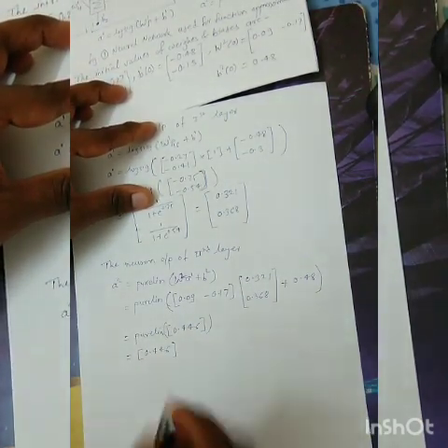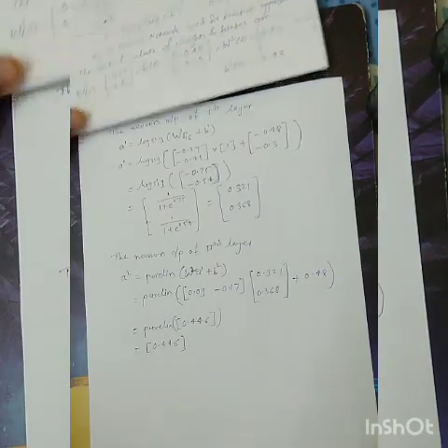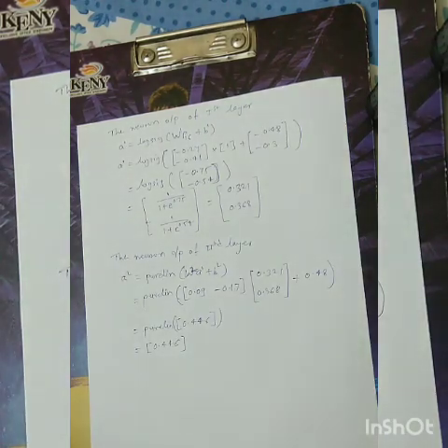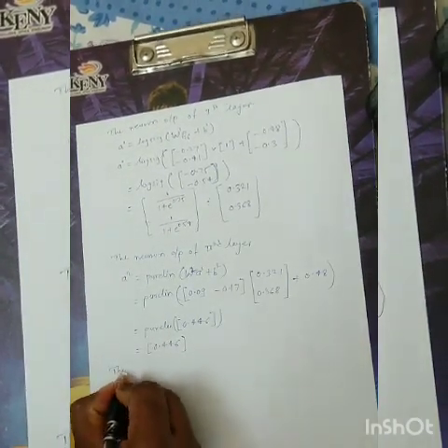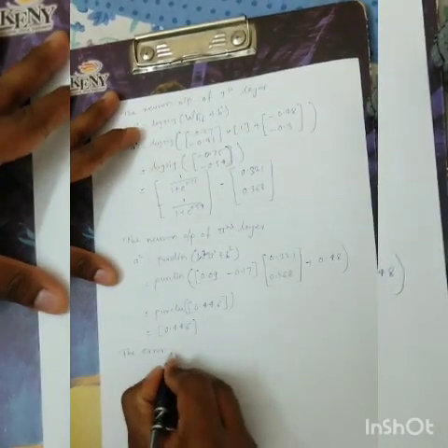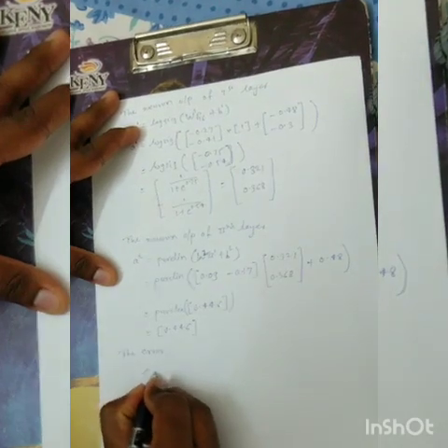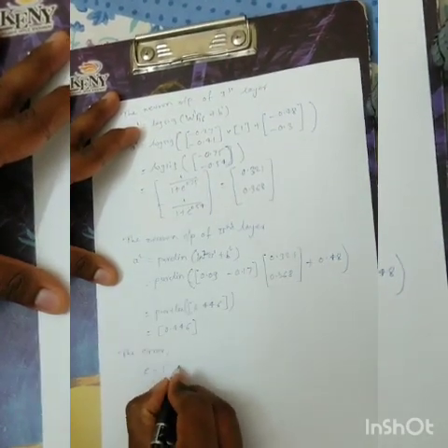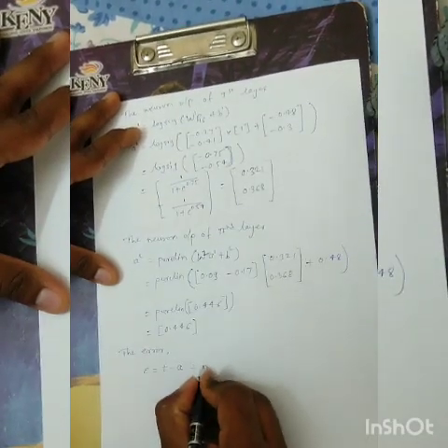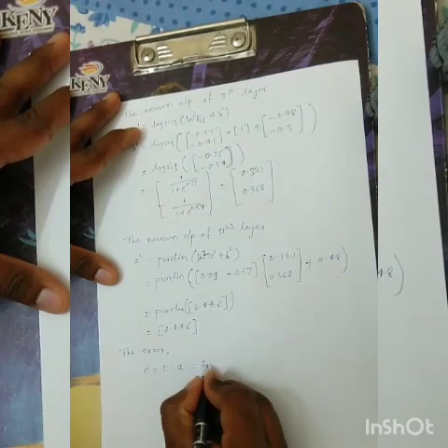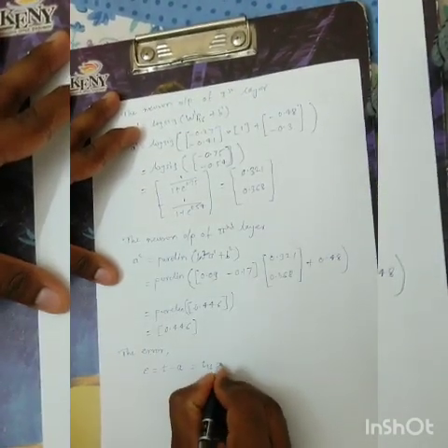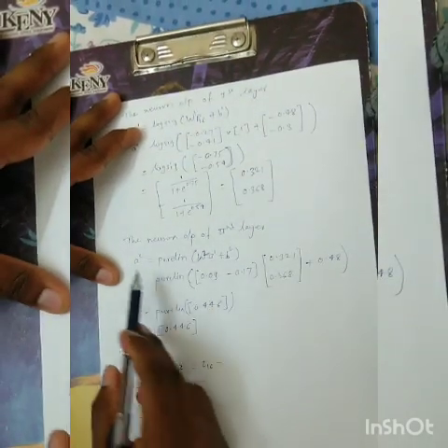Then we will calculate error. The error will be equal to E is equal to T minus A. Here we have taken the input target pair for the 16th pair, that is T16 minus the final neuron output, that is A2.